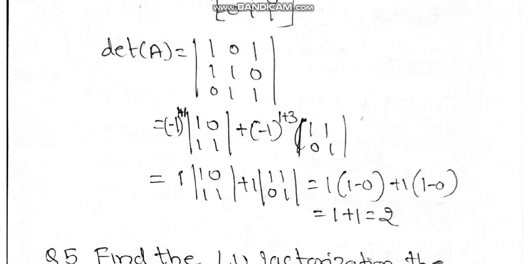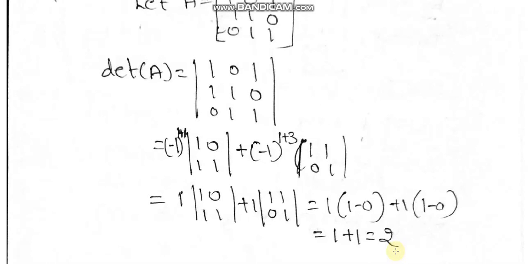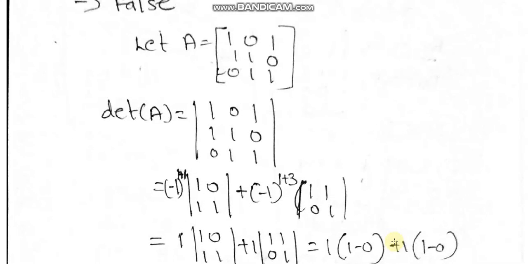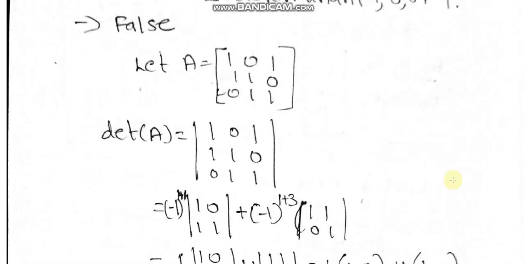If you have an identity matrix, then you will get 1, but otherwise it's not necessary that it will be 0, 1 or minus 1. If it is an identity matrix, then automatically the determinant will be 1, otherwise it will not equal 1. So the statement is false.